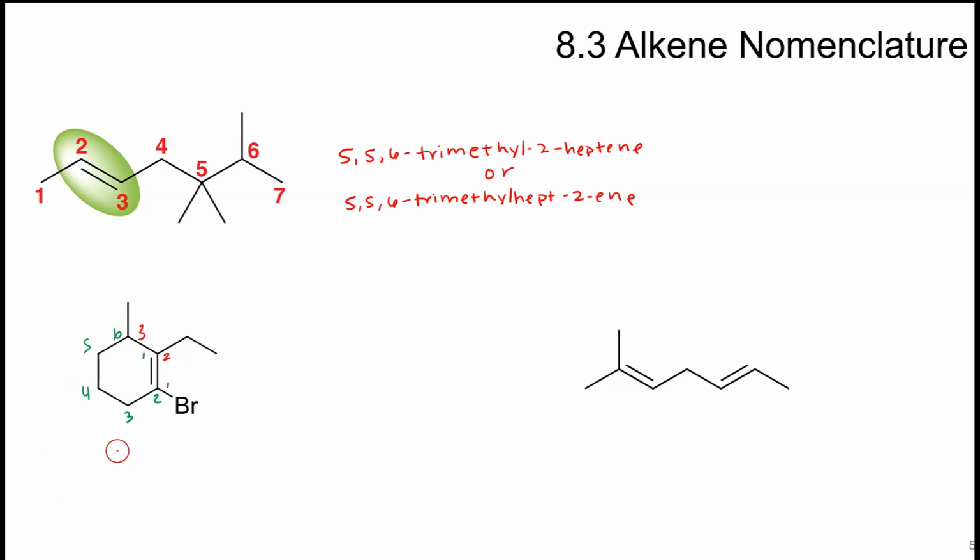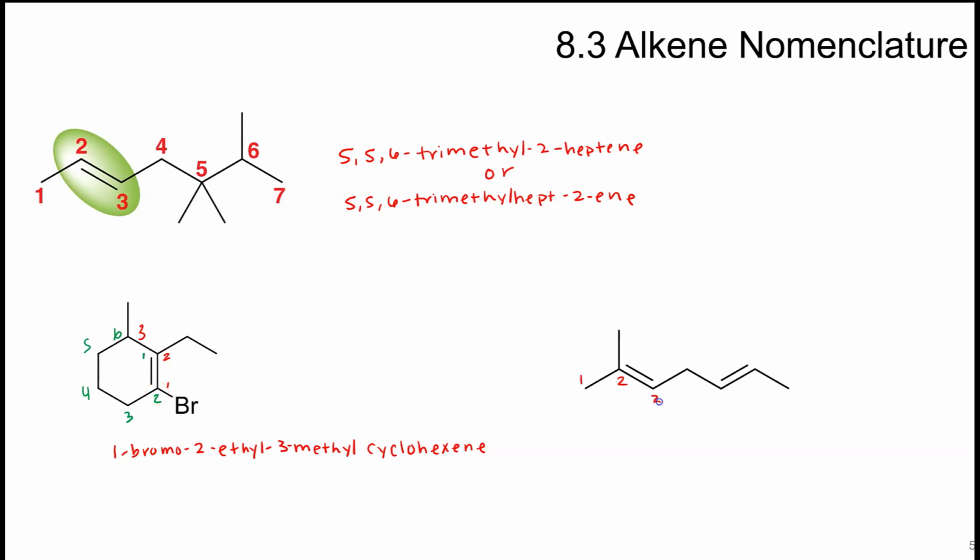So this would be 1-bromo, 2-ethyl, 3-methyl, cyclohexene. You can do 1-cyclohexene or cyclohex-1-ene, but if it just says cyclohexene, then it's automatically assumed that the carbon double bond starts at 1.